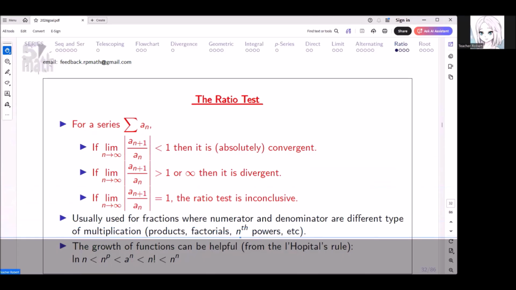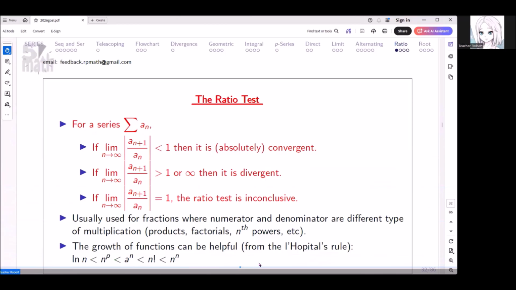Used for fractions where numerator and denominator are different types of multiplication: products, factorials, nth powers, etc. The growth of functions can be helpful from L'Hopital's rule. ln n grows slower than n to the power p, which goes slower than a to the power n, which goes slower than n factorial, which goes slower than n to the power n.